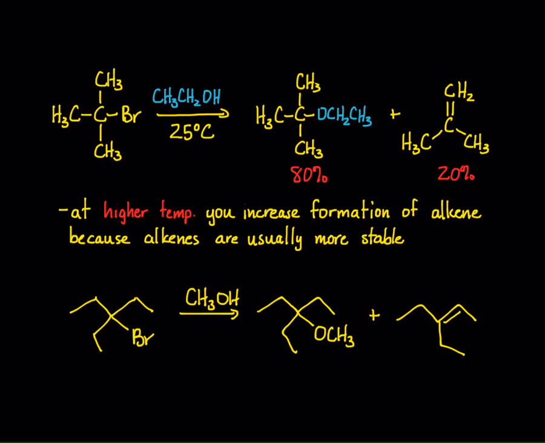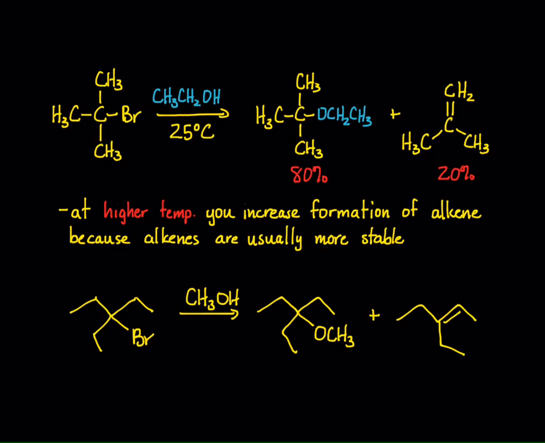Now notice in this particular example, the substituents coming off of that alpha carbon, the carbon with the bromine attached, I have 3 ethyl groups, and all of the ethyl groups are the same. So if I remove a hydrogen from a vicinal carbon, a beta hydrogen, the product is always going to be the same.